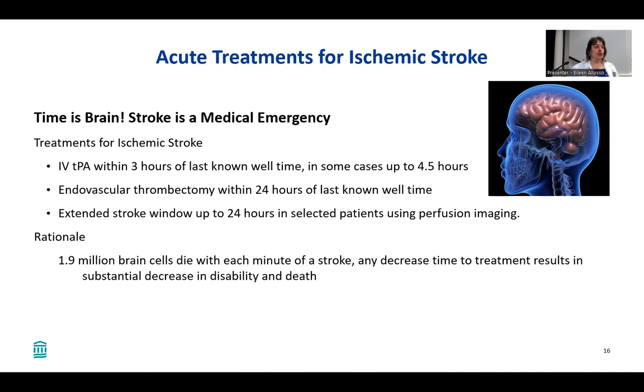But of course, there's criteria to being able to undergo a thrombectomy. So first thing is for an anterior circulation, which is the bigger vessels in the front of the brain, they like to get to those patients within 6 hours. That shows the best outcome.